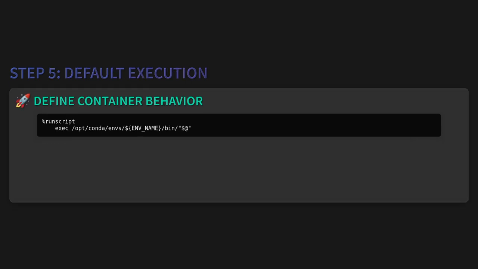And lastly is the run script section, which allows us to execute the command used for activating the actual Conda environment. So every time we run something inside the Singularity image, this command will be run, and if we run Python inside, we will be sure to be inside the correct environment for a Python script.